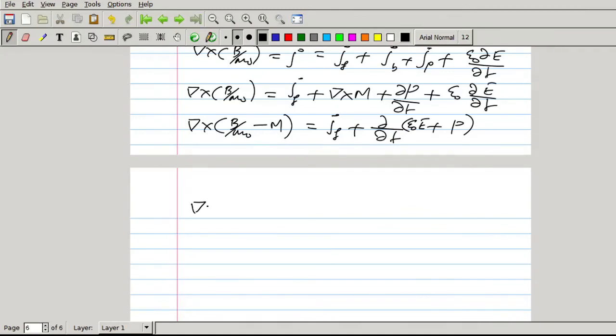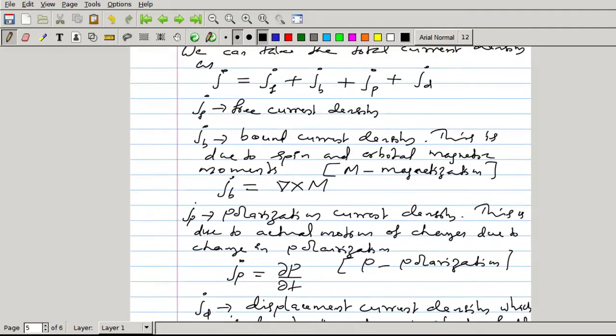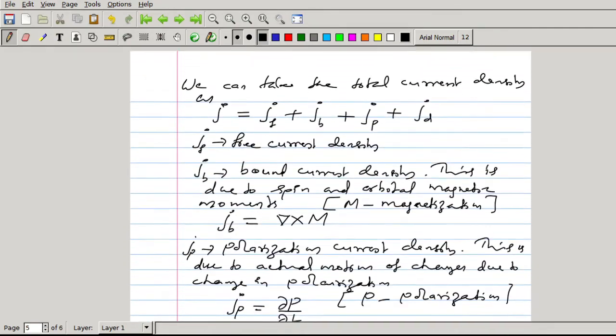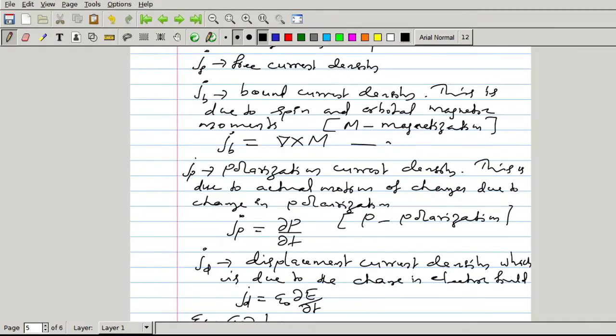Or we can write del cross (B by mu 0 minus M), which is H, is equal to J_F plus dou D by dou T. So this is the fourth Maxwell's equation. This is equation number 23, this one is 24, and this one is equation number 25.